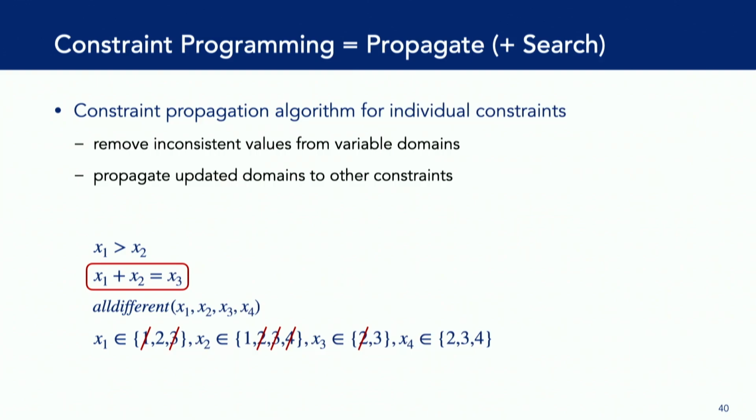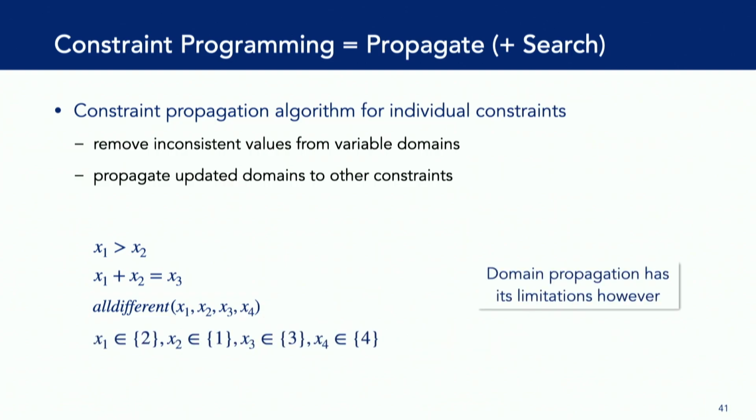So we need a proof of infeasibility to remove these values per constraint. Okay? And then for the all different, which says that they should all take distinct values, I have another chance to refine these domains, and here's where we are. So if you are lucky, this process will continue until you reach a fixed point that is actually a solution. Here we have 2, 1, 3, and 4 as a result. So we were lucky. Normally you have search on top of that.